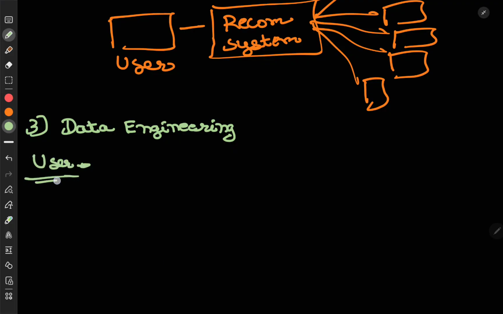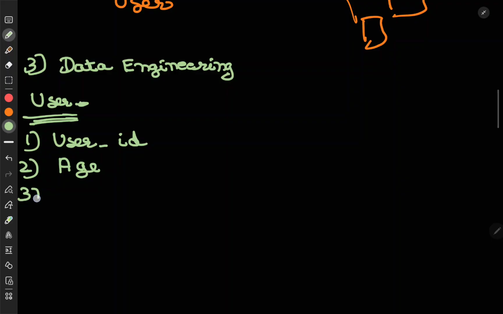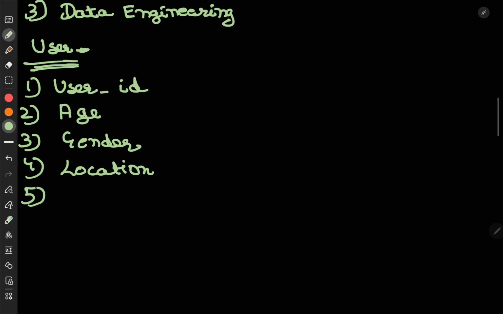What data do we have with respect to the user? We would have a user ID. We would have the age of the user. We would have the gender of the user. We would have the location of the user. We would have the preferred language of the user.